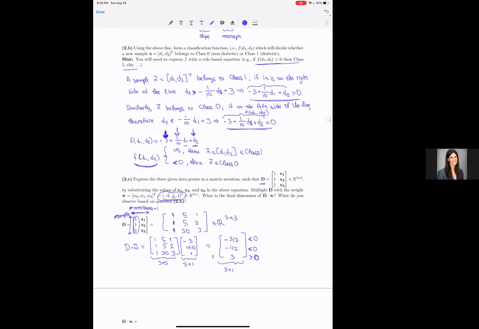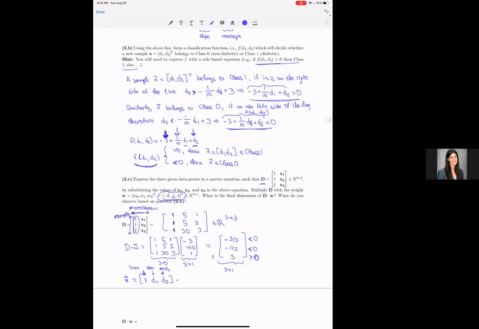So essentially, what we can see is that if we have any vector x, which can be written 1, D1, and D2, where D1 stands for the BMI, D2 stands for the number of relatives, and this one stands for the bias term.